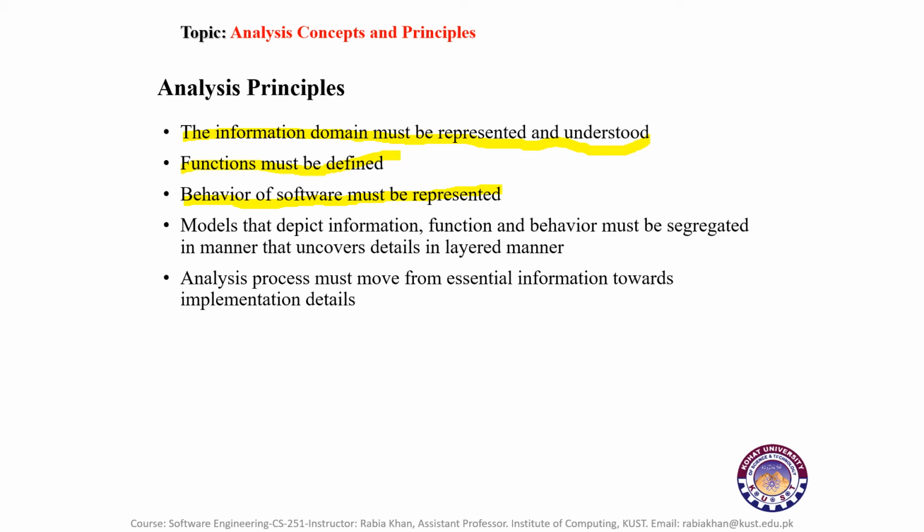A behavioral model creates a representation of the states of the software and the events that cause the software to change its state. So along with the functions, you have to define the behavior of the system. When a system is in a specific state, what behavior must it represent when that event occurs? When a system is in a specific state, that means it is waiting for some internal or external event.